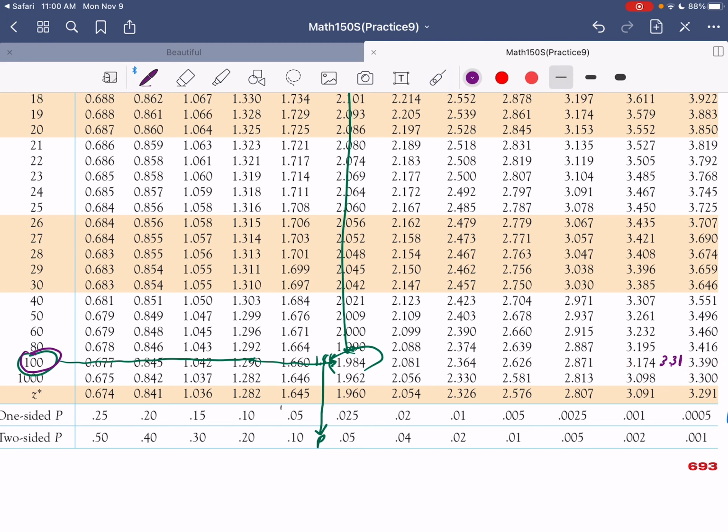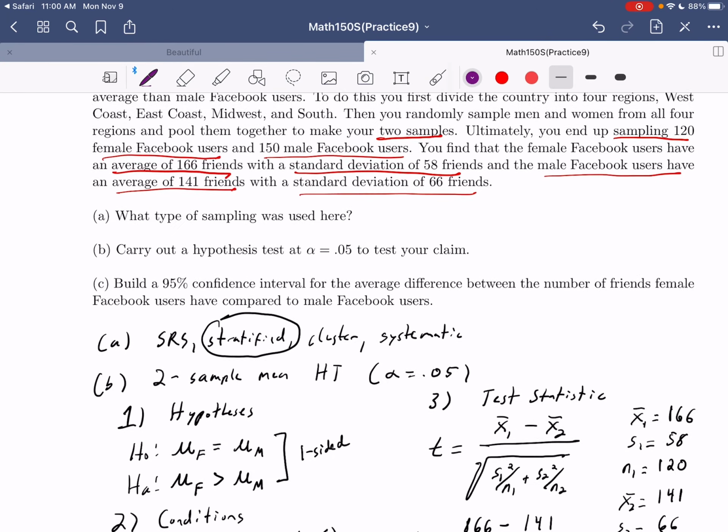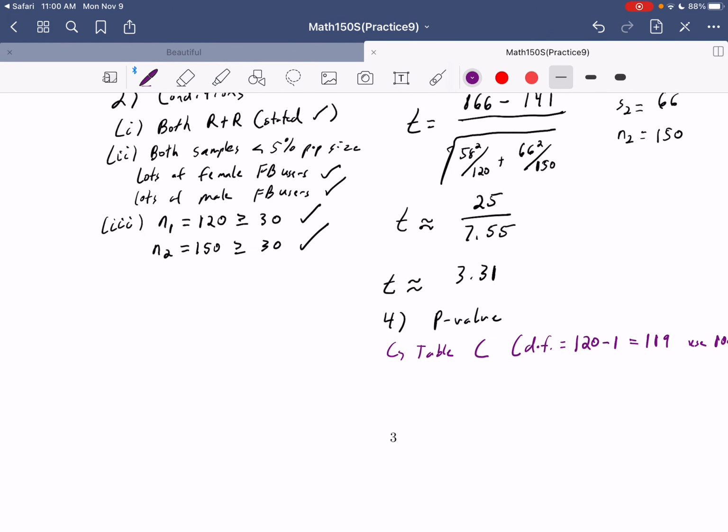And if we follow that down, we'll be right there. So our p-value is bigger than 0.0005, but smaller than 0.001. So there we go. Perfect. Now we're ready to make our conclusion.